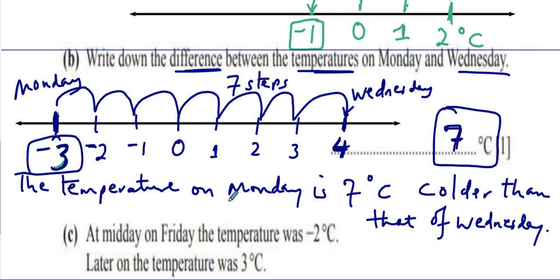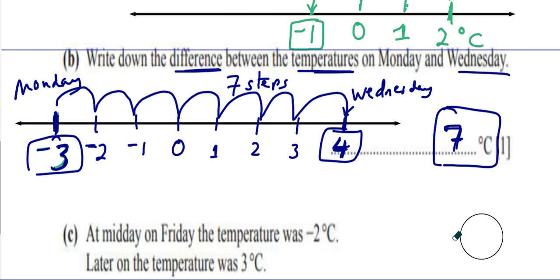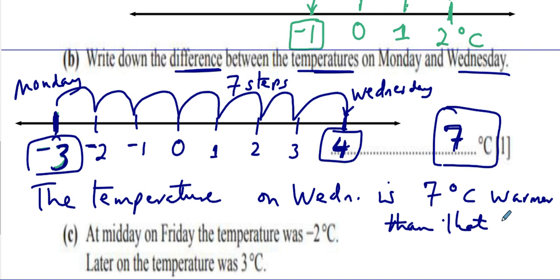And the vice versa is true. If you say the difference between the temperature on Monday and the temperature on Wednesday is 7 degrees centigrade, you can also say the temperature on Wednesday is 7 degrees centigrade warmer than that of Monday.